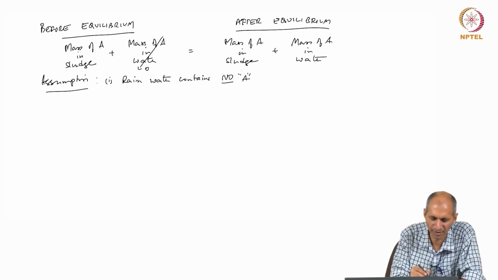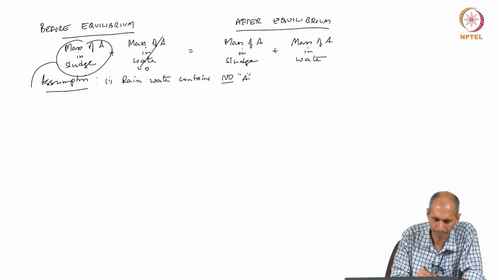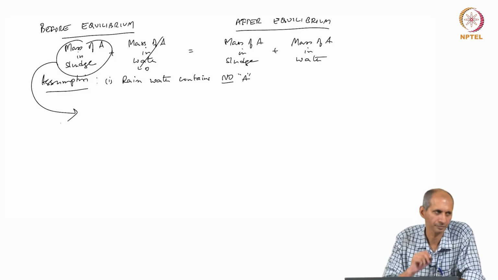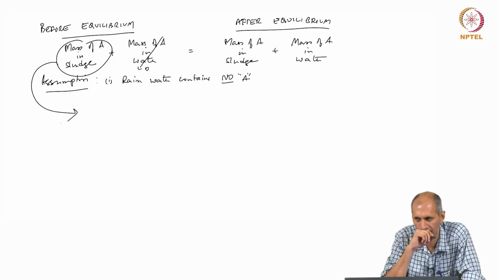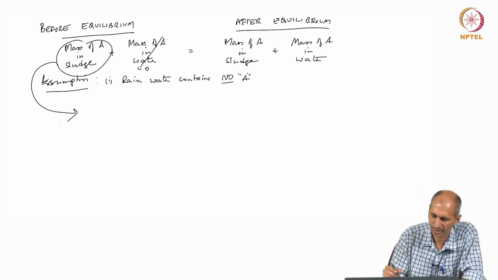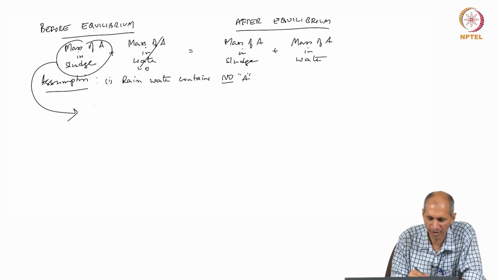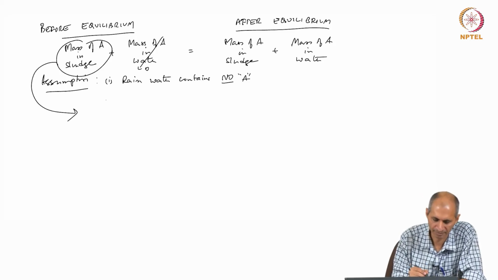Now it is mass of A in the sludge. What is mass of A in sludge? This one. How will you define it algebraically? This is 0, this is the only thing that is before equilibrium, all the A is in the sludge. How do you express concentration of A in solid sludge?